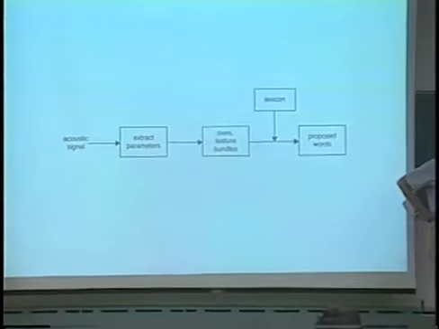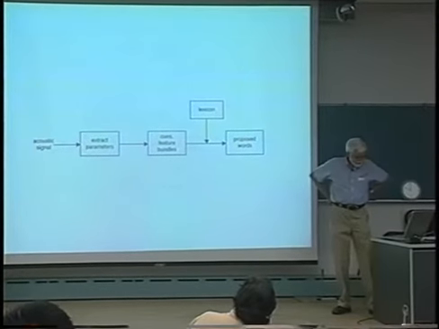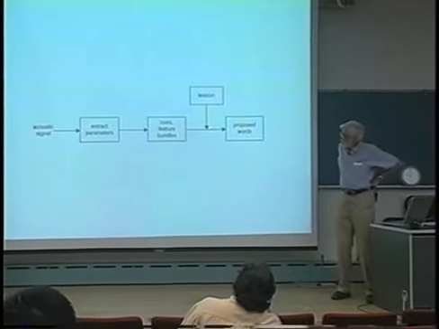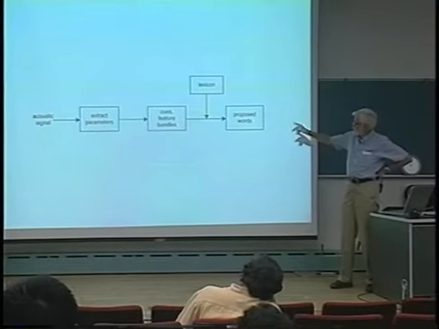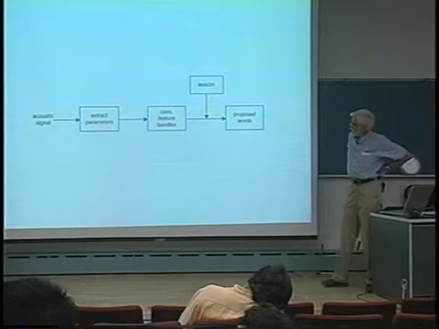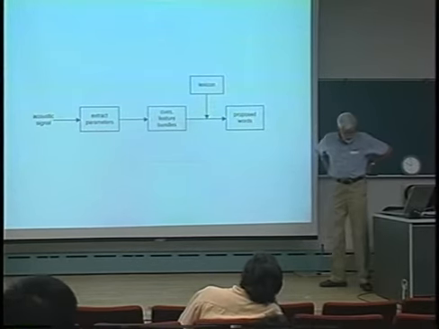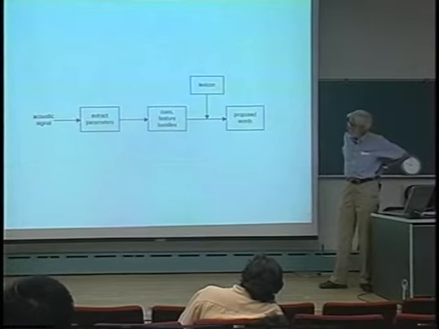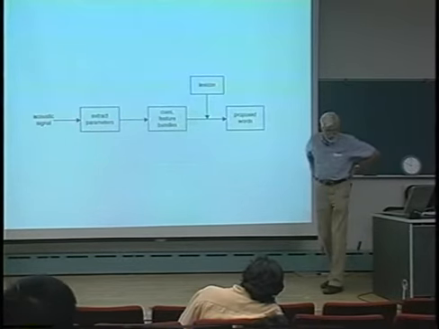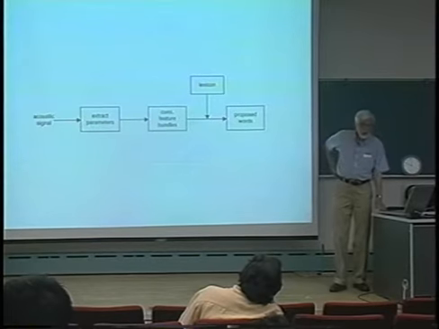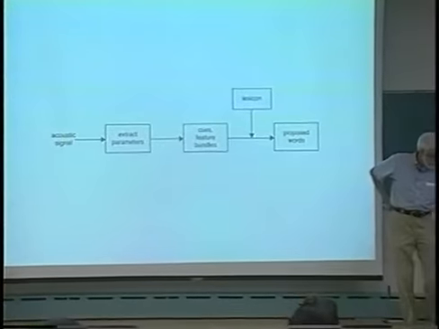So this is a standard model for human lexical access, where you have an acoustic signal and you want to get some words out of it, and you have a lexicon, and you have to do certain things with the acoustics in order to get there. In our case, we assume that the lexicon is represented as bundles of these distinctive features that the linguists have talked about.